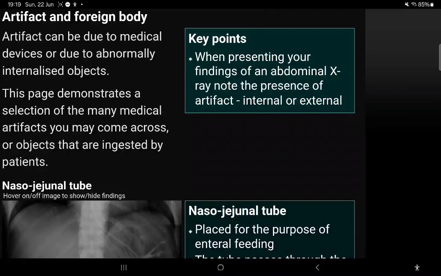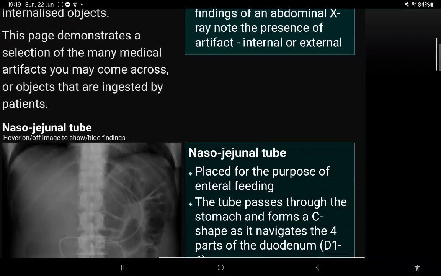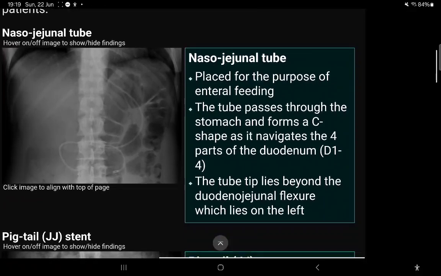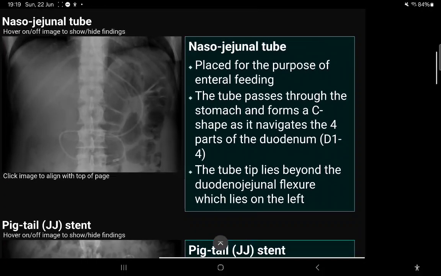This page demonstrates a selection of the many medical artifacts you may come across, or objects that are ingested by a patient, starting with the NG tube, nasogastric tube, nasojejunal tube. Nasojejunal tube placed for the purpose of enteral feeding.